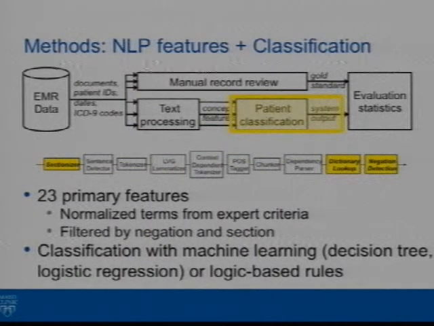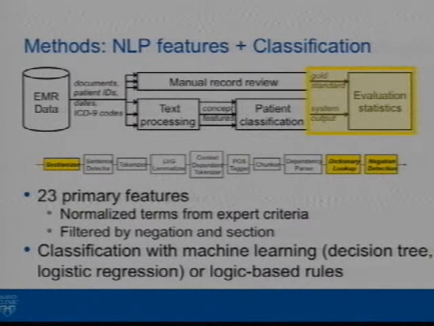We also have a logic-based rules version where we're basically trying to write rules to recreate the way that they did the manual chart review. Okay, and then you can compare the manual chart review versus what we produced, both for the accuracy, the asthma status, and for the timing.